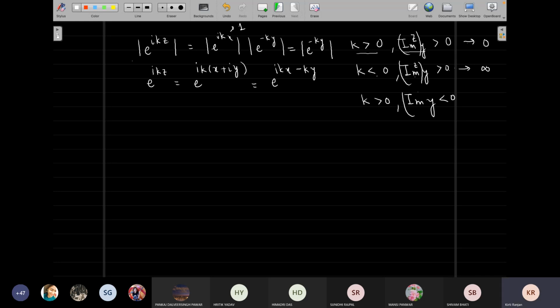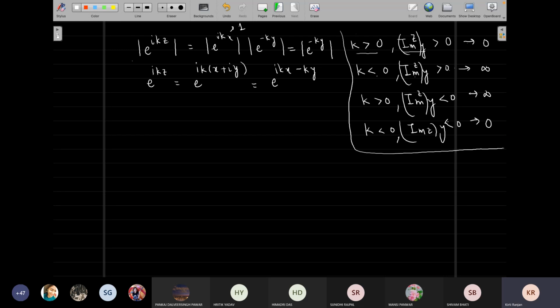Again it goes to infinity. And what about if k is less than 0 and imaginary z, which is nothing but y, is less than 0? This goes to 0.